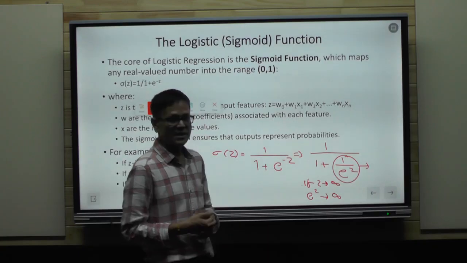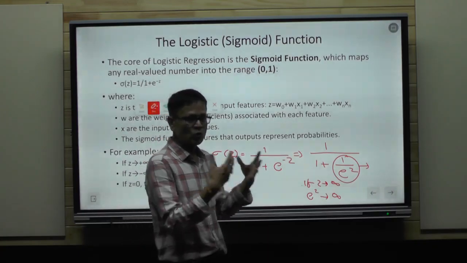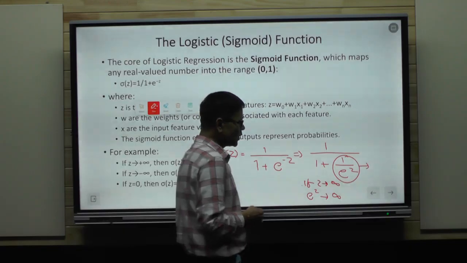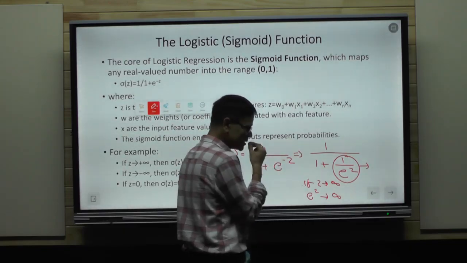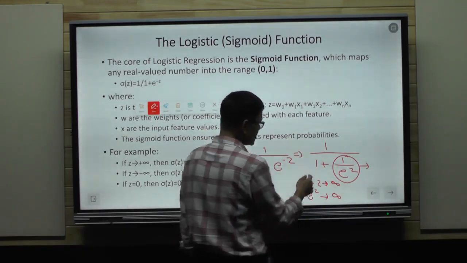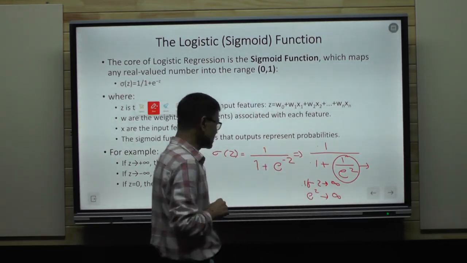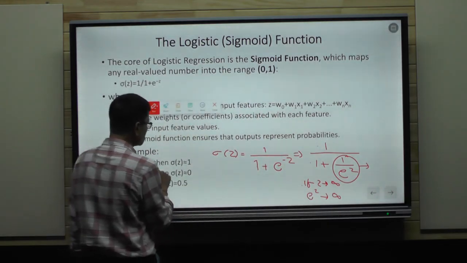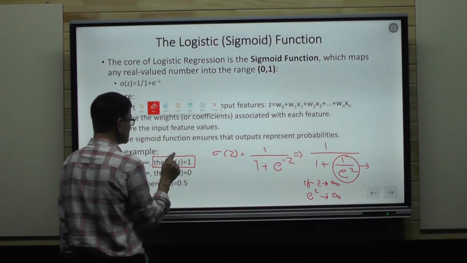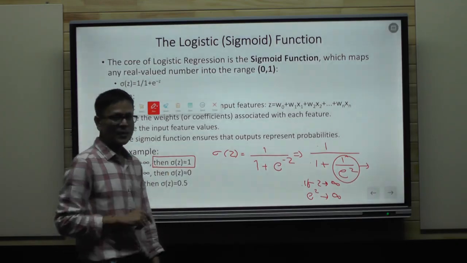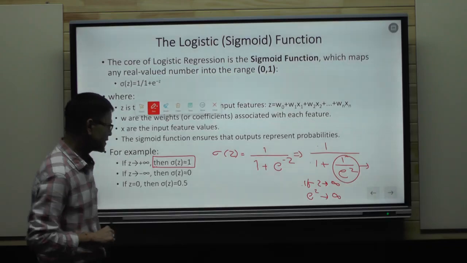You keep on increasing z, and the value gets closer and closer to 0. At the extreme boundary, this would actually be 1 upon 1. This is how large values are handled by the sigmoid function.